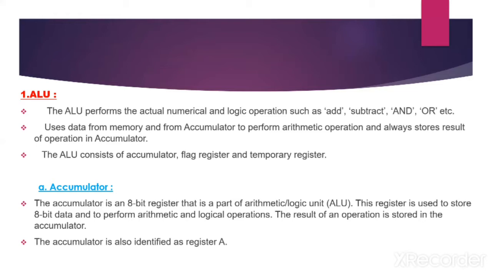Means in this unit, temporary register only holds the data during arithmetic logical operations. The flags are set or reset according to the result of operation in status registers. Means flags depend on result of operation.